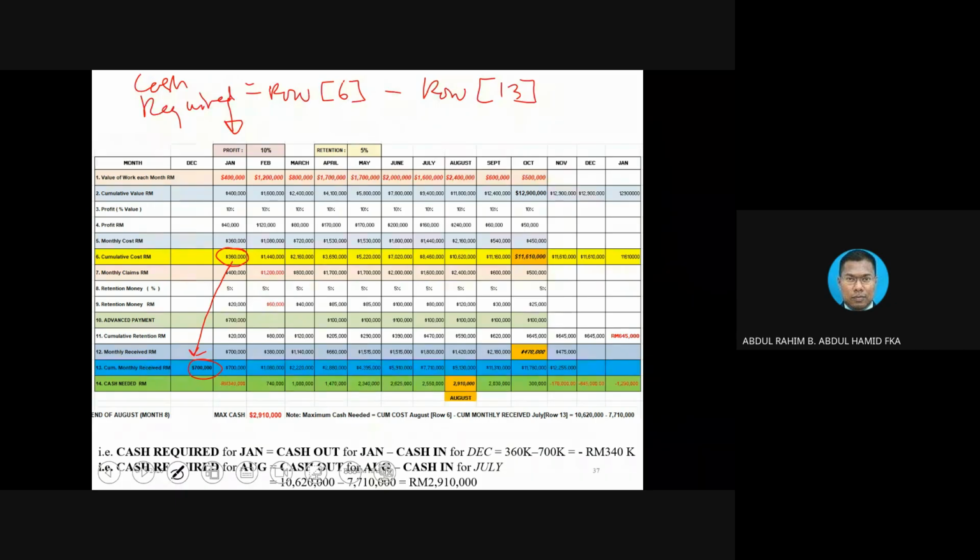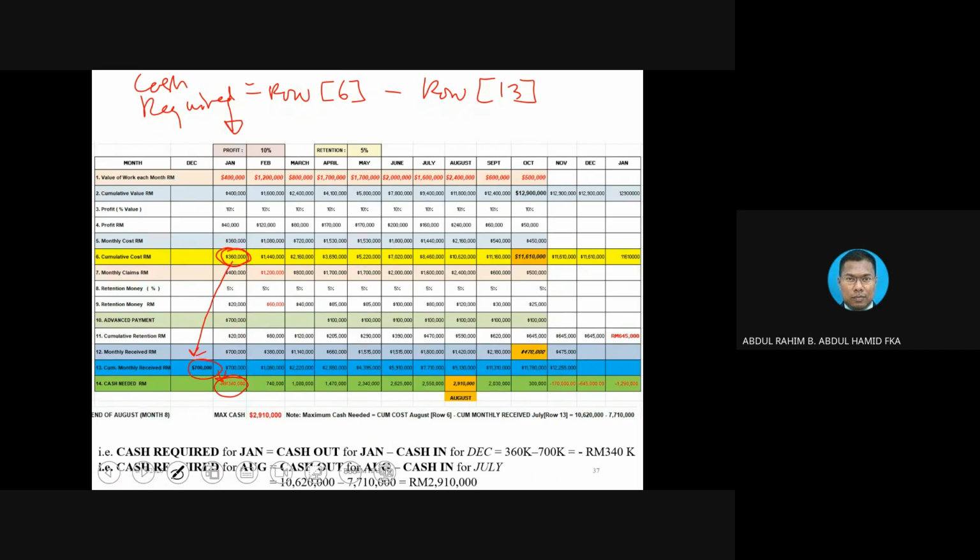We assume that we already have money coming into our account, 700. So that's why we get negative here. What does negative mean? As we already mentioned, negative means we do not require money. We have excess money only in the first month. Why? Because we spend only 360, but we already have 700,000. So that's why we have excess money. So in the first month, we are okay.